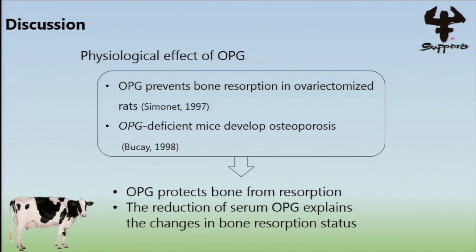OPG prevents bone resorption in overreactive mice and rats, and also OPG-deficient mice develop osteoporosis. Therefore, OPG is known to protect bone from resorption, which means the reduction of serum OPG explains a change in bone resorption status.